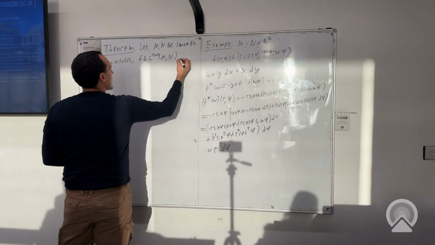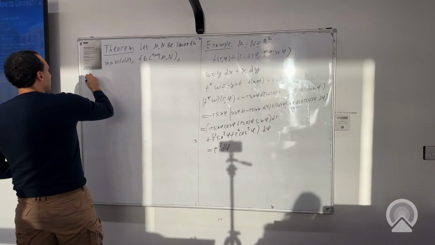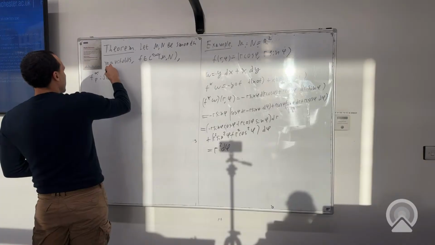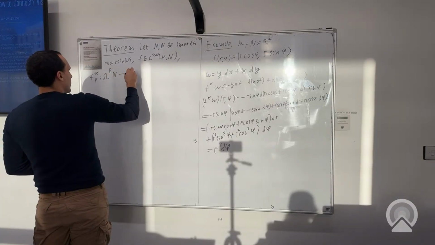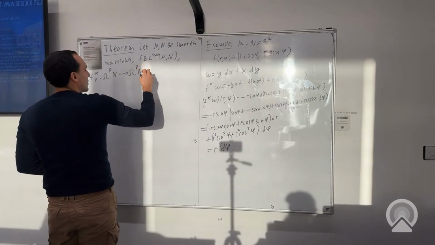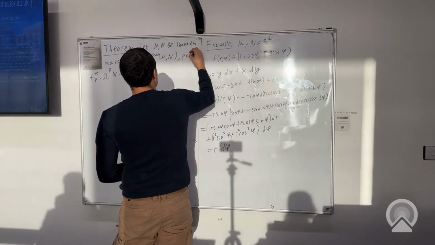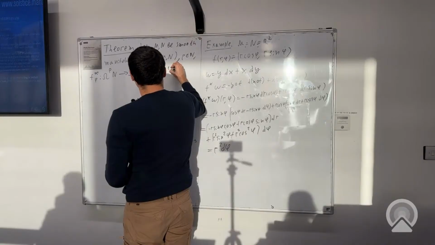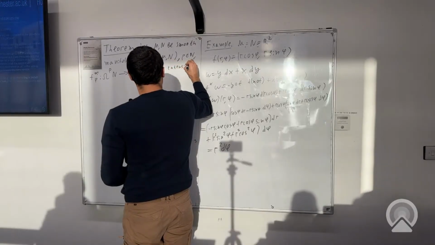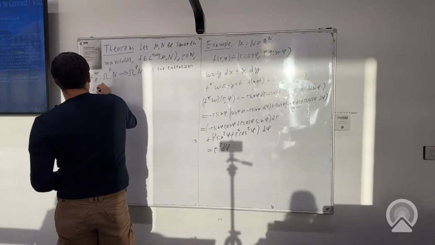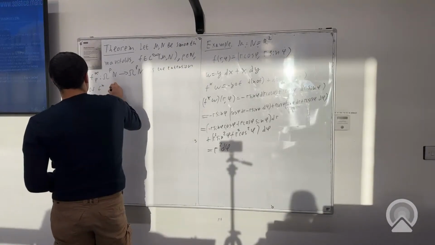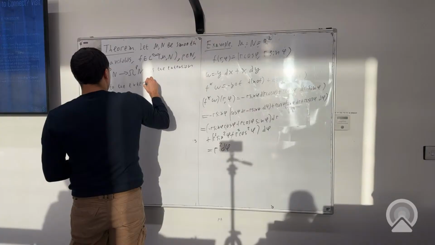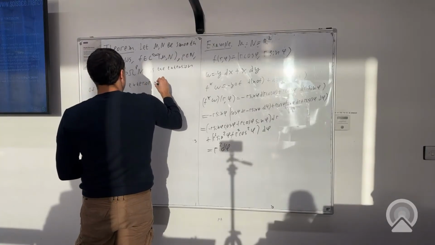F star P is from omega P M to omega P N. Here P is an integer. It is the extension of F star to the exterior algebra.